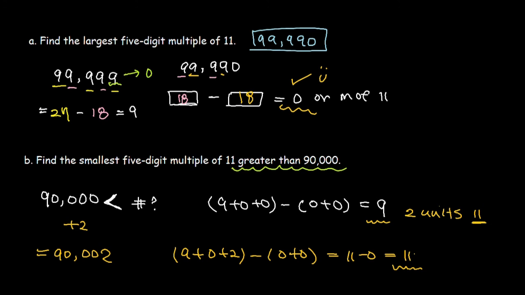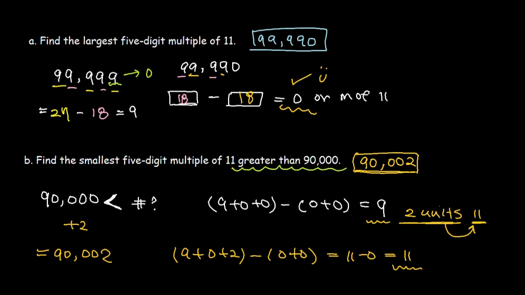So the smallest 5-digit multiple of 11 greater than 90,000 is going to be 90,002. And even if you didn't automatically catch that, since the remainder is 9, you have to add 2 units to make it 11.